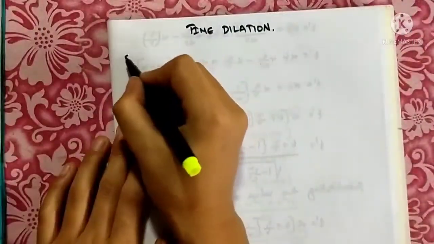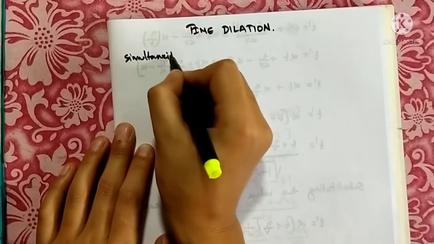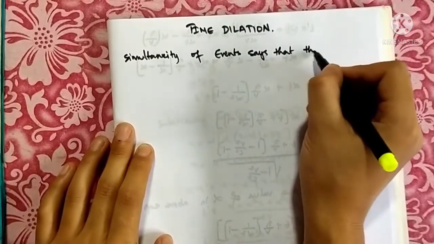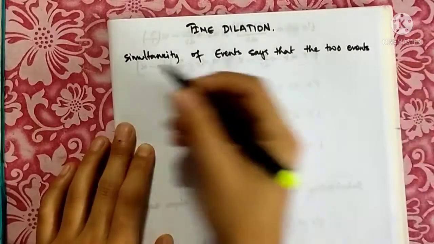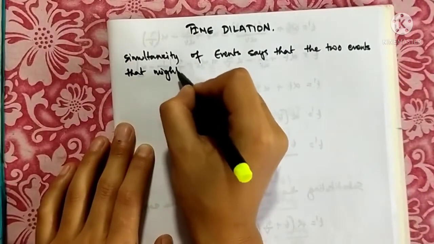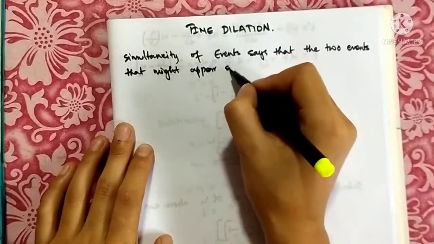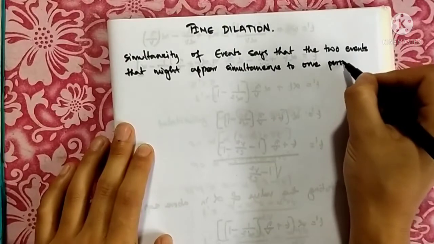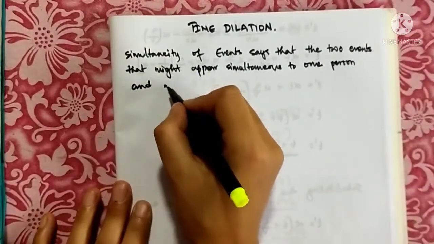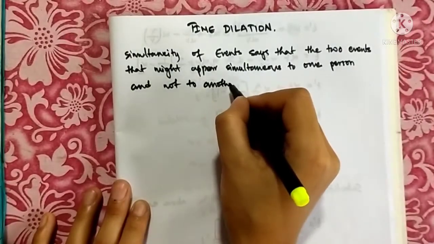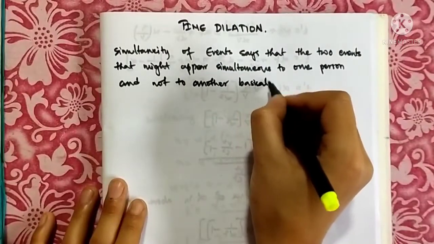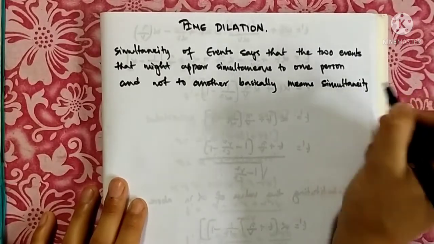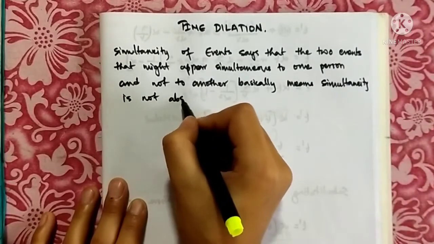Time dilation. Simultaneity of events says that two events that might appear simultaneous to one person and not to another basically means simultaneity is not absolute.